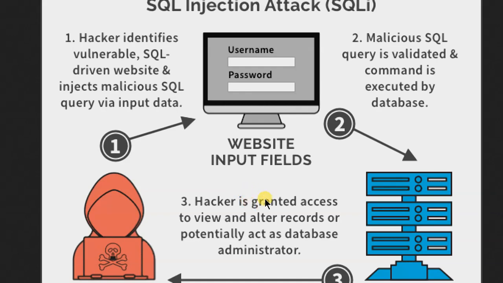To view and alter the records, potentially accessing the database server. The website has a SQL injection vulnerability, so the hacker sends the malicious SQL queries to the database server, and because the server is vulnerable, it responds and reveals all the information.